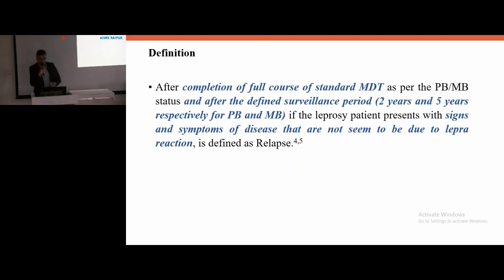The patient should present to us after the defined surveillance period, that is 2 years for PB cases and 5 years for MB cases. After this, if the patient presents with signs and symptoms of disease that do not seem to be due to lepra reaction, then it is defined as relapse.